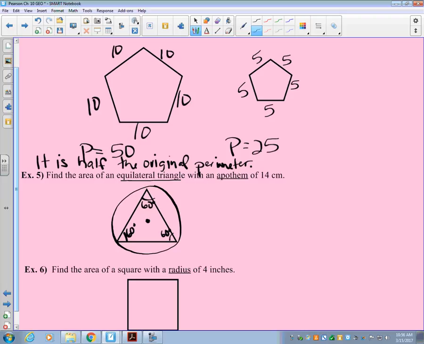The apothem is from the center of your circle to the perpendicular middle of your side. We have the apothem, we want to find the perimeter, so we need the side length.